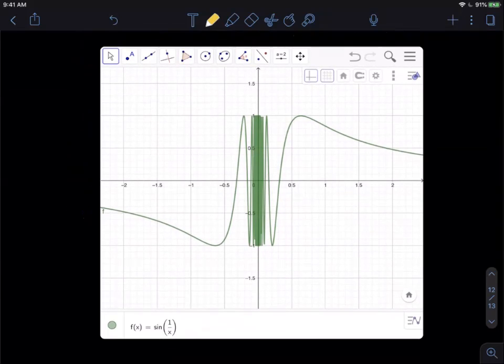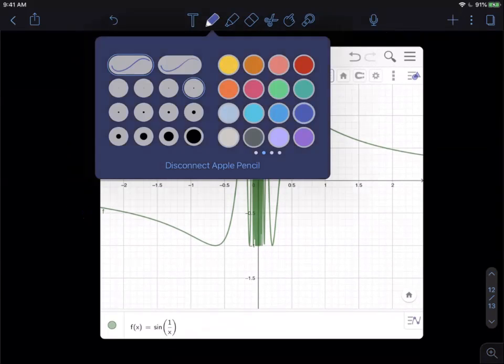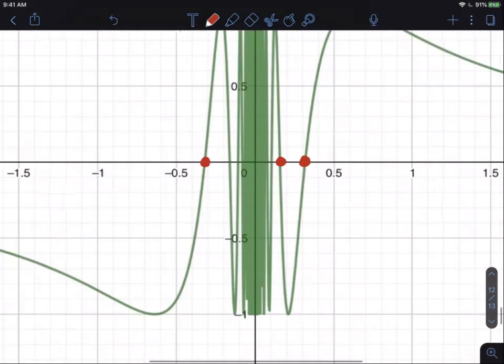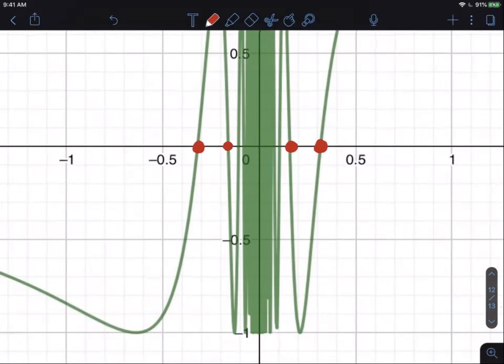So the first time, let me use a color that we can see better. We were approaching using this sequence of points. Okay. You see where x equals 0.